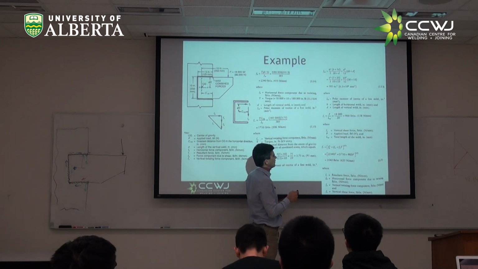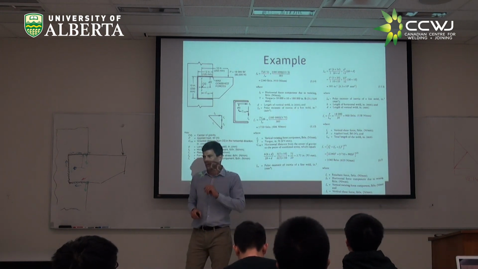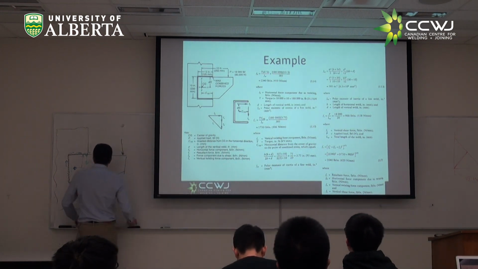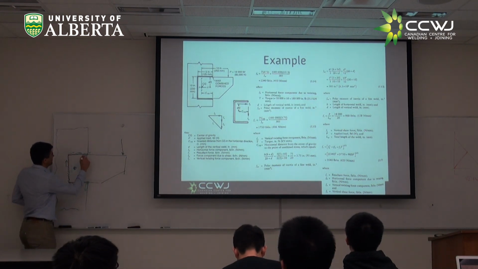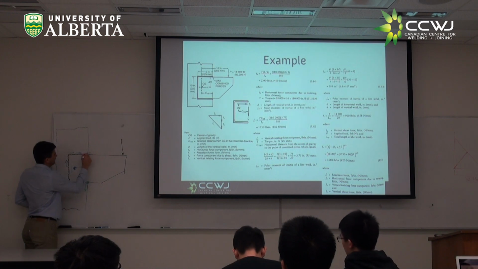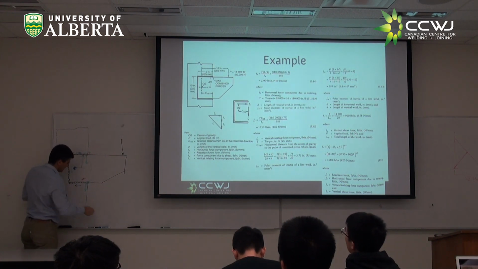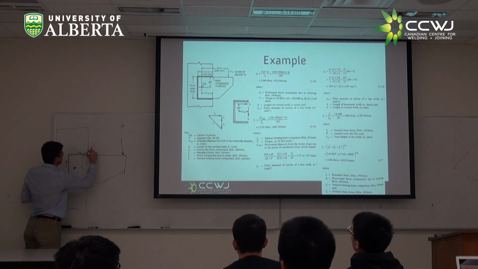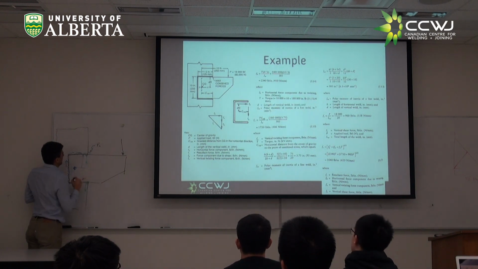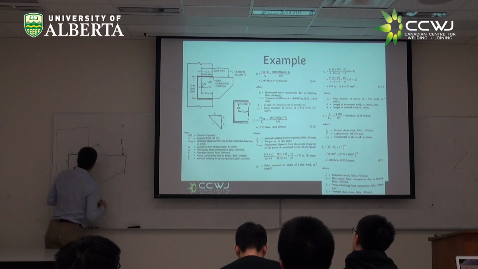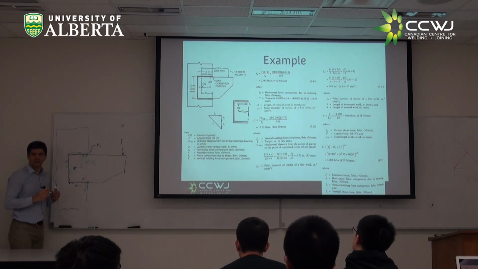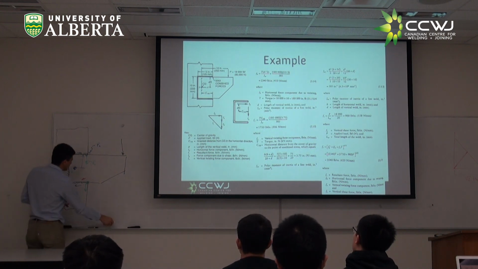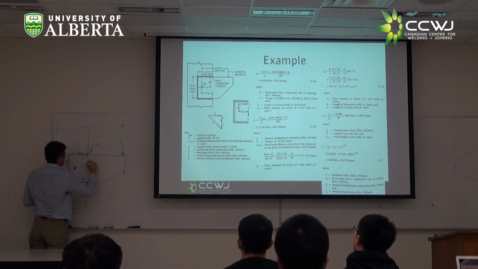Now we're going to do the resultant of all these three components. Let's pick on this one. We have a horizontal force, a vertical force, and also a force that came from shear. Let me put this in red.